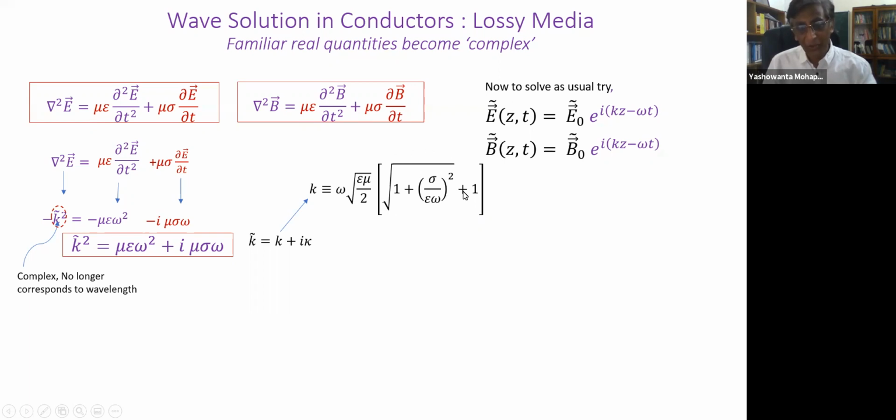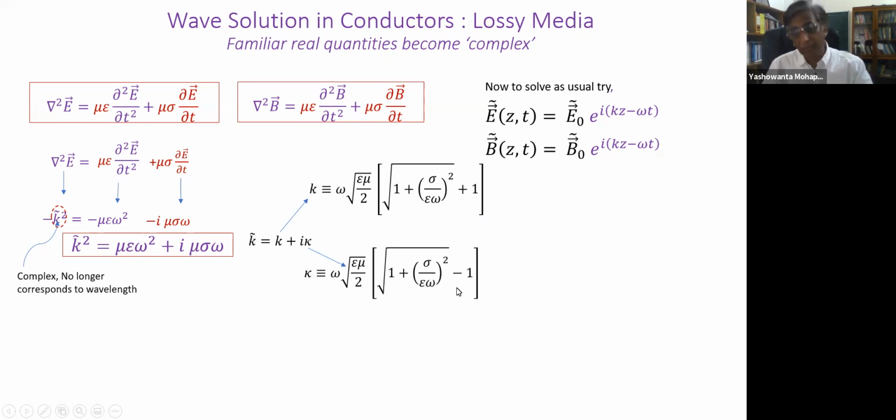This is under root, plus 1. And of course, there would be the conjugate part of it, kappa, exactly similar, except that this plus is minus 1. That is simple complex arithmetic that we have seen. So k and kappa are different, of course, because of this plus 1 and minus 1 here.